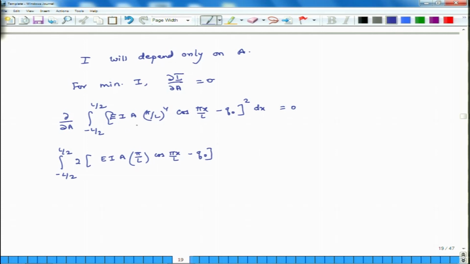I am differentiating this with respect to A, so this is 1 plus, into the derivative of this term, A goes away, pi over L to the power of 4 cosine pi x over L dx is equal to 0. This is what I get.